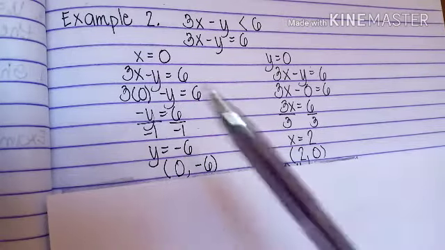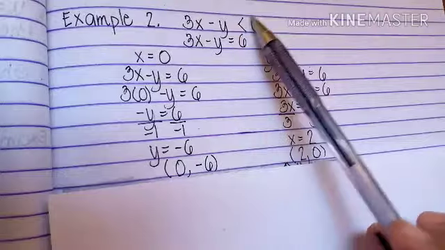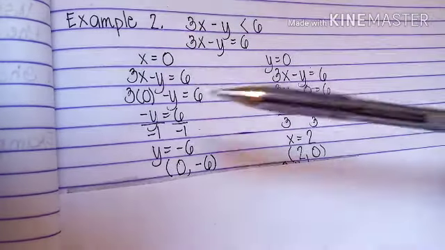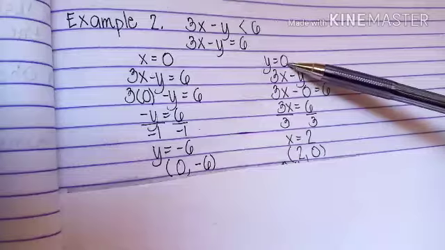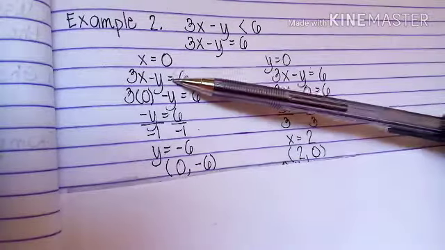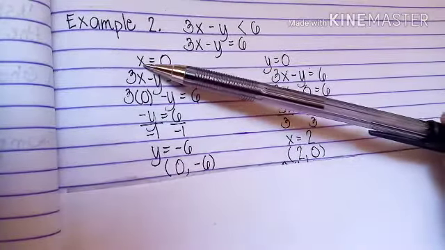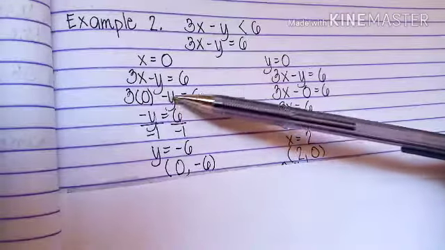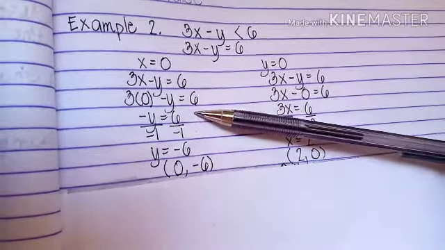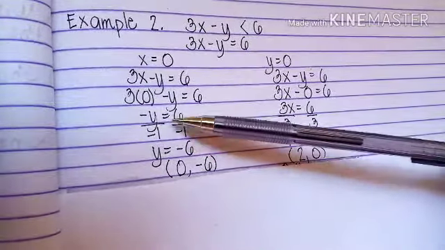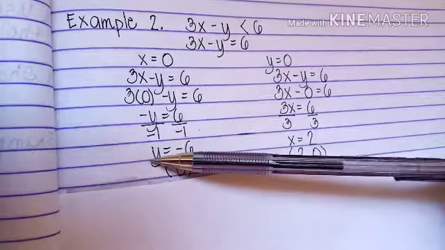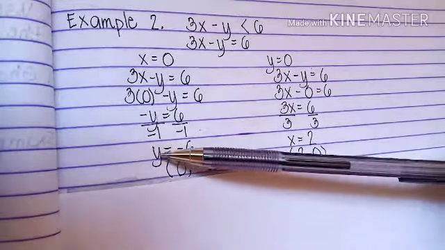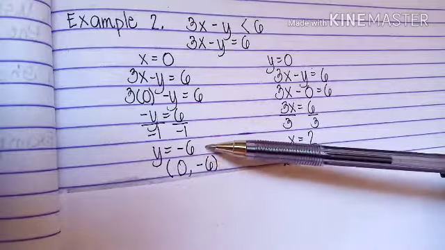Example number 2. For example number 2, we have 3x - y < 6. I have used the x and y intercepts. In solving them, we substitute x = 0. That would be 3 times 0 minus y equals 6, that would be -y = 6. We divide both sides by -1, giving the value of y, which is -6.